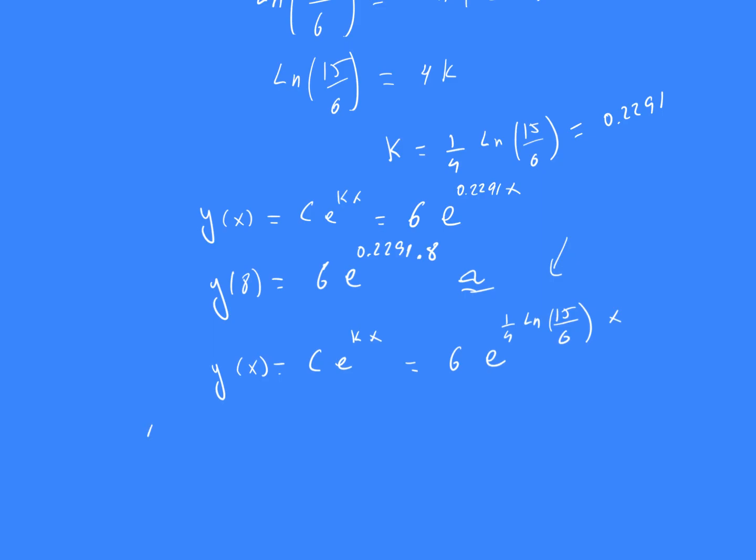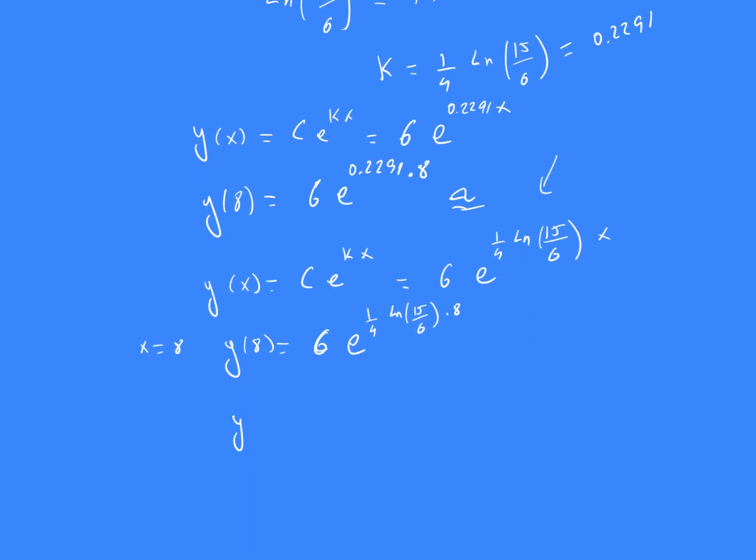Now, when x equals 8, y of 8 will be 6 e to the 1/4 natural log of 15 divided by 6 multiplied by 8. So y of 8 is 6 e to the 8 divided by 4, which is 2, times the natural log of 15 divided by 6.